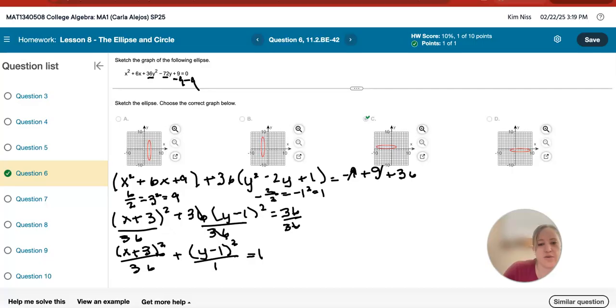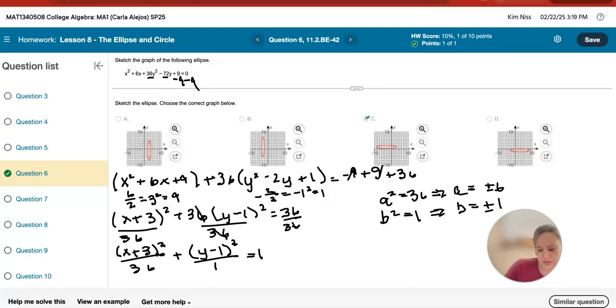Well, now we have our standard form, which is just x minus h squared over a squared plus y minus k squared over b squared. And so in this case a squared equals 36, so therefore a equals plus or minus 6. B squared equals 1, so b equals plus or minus 1.